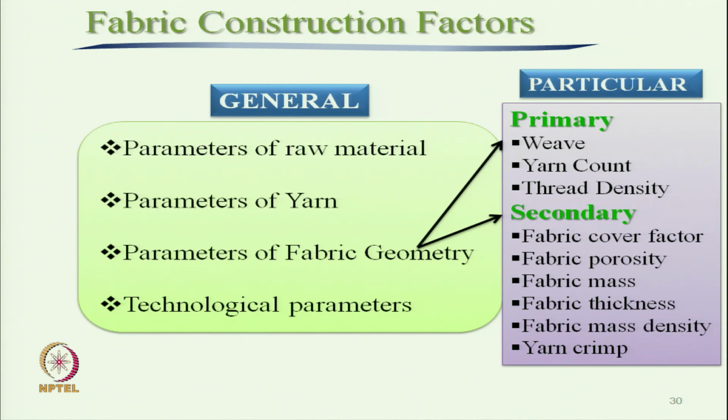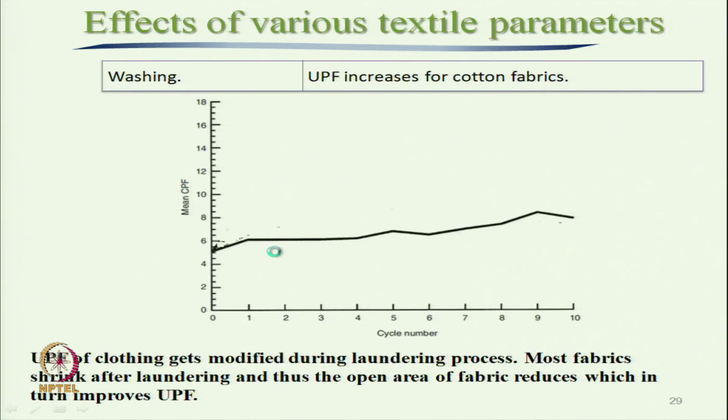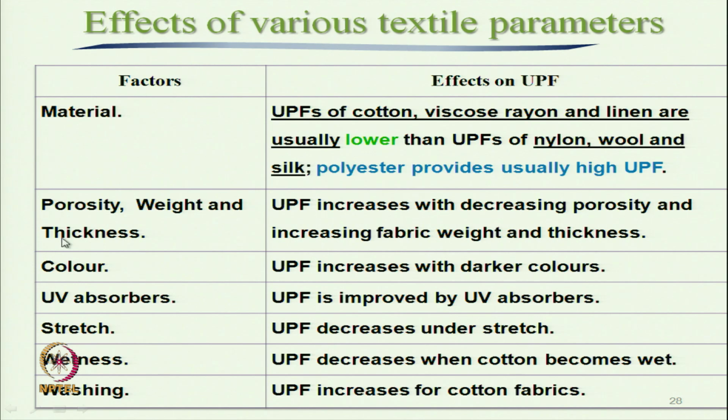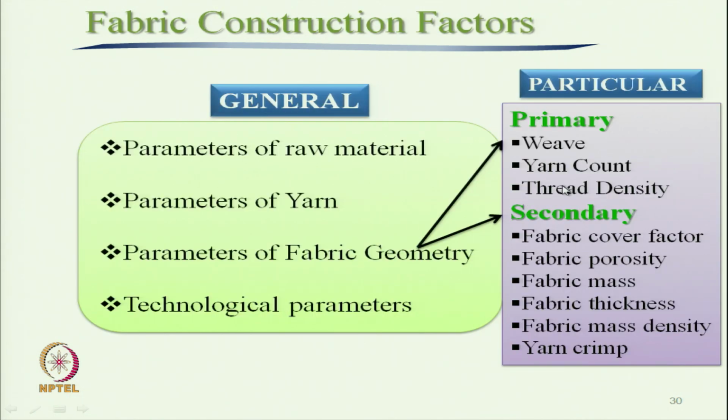There are various factors. Basically, the factors are raw materials that we have discussed, and yarn related factors like type of yarn and yarn twist, which affect the UPF. Then fabric related parameters, fabric geometry, have two types of effects. One, primary effects, based on weave structure, yarn count and thread density.